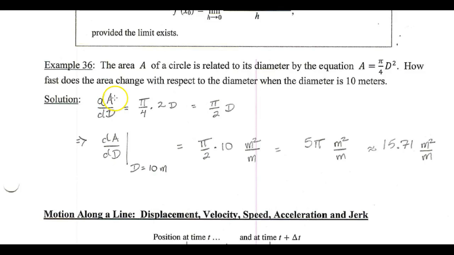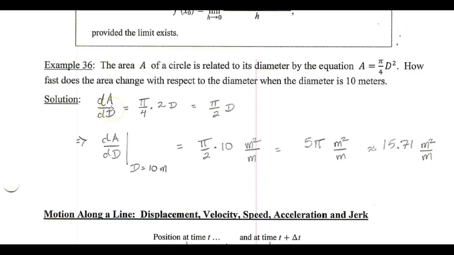So I want the derivative of A with respect to the variable diameter d. That's simple. You just use the constant multiple rule, leave the constant multiple in front. Pi over 4 is just a constant. Take the derivative of d squared with the power rule: 2 times d to the 2 minus 1, or just 2d. Simplify this, it's pi over 2 times d.